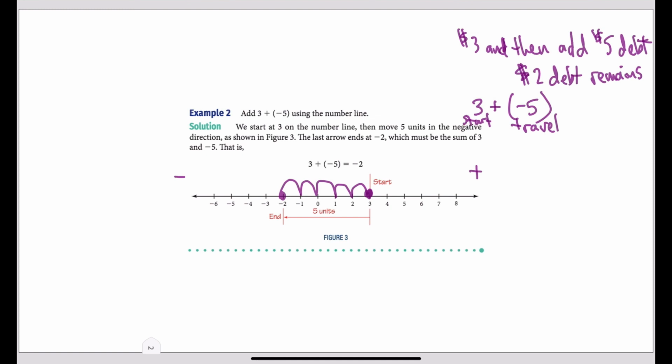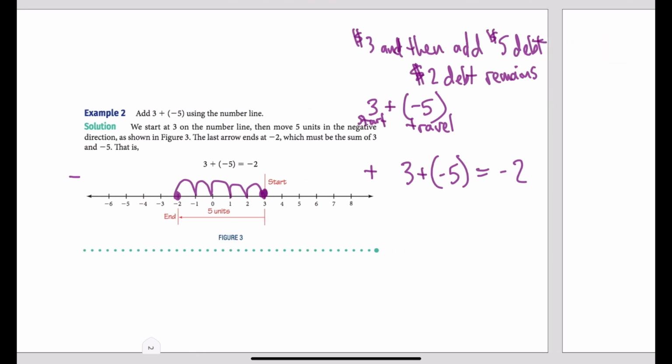That's the result of the addition. So 3 plus negative 5 is negative 2. And we sort of knew that from the context that we gave it earlier.